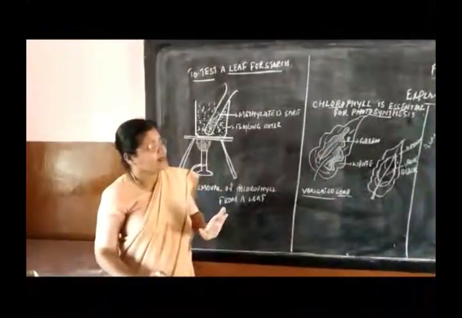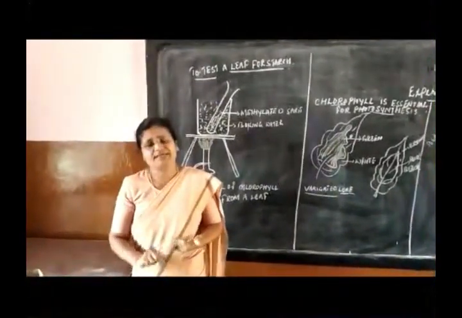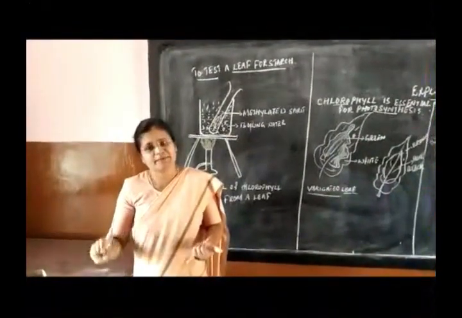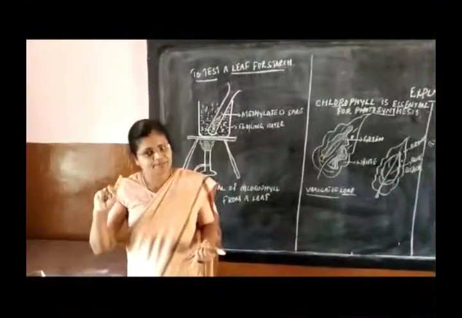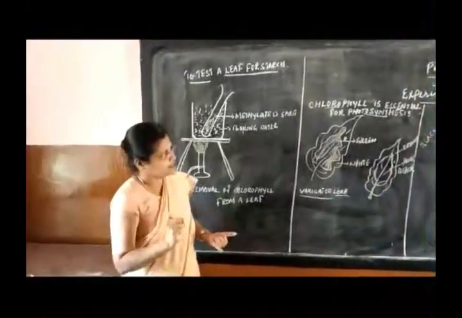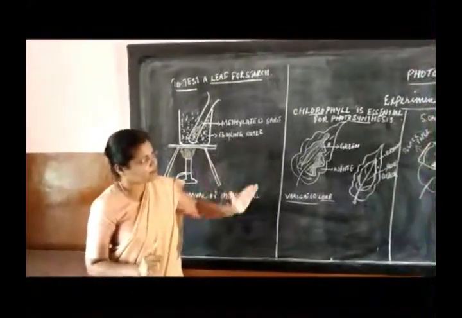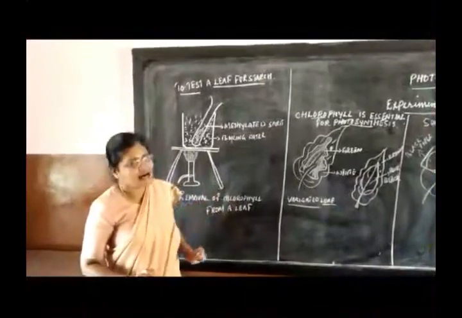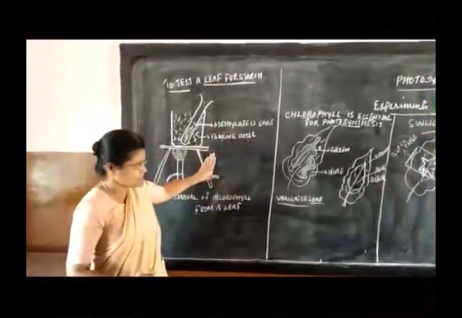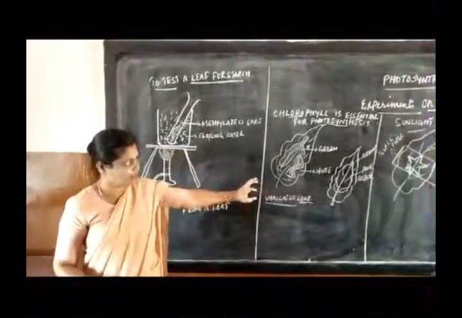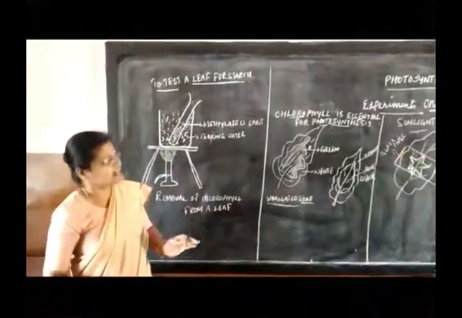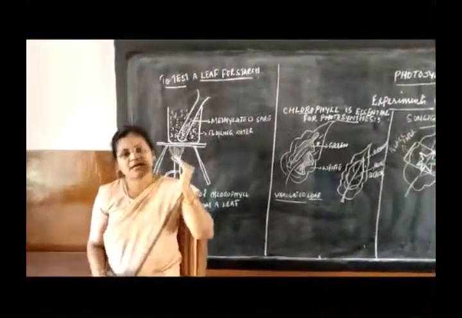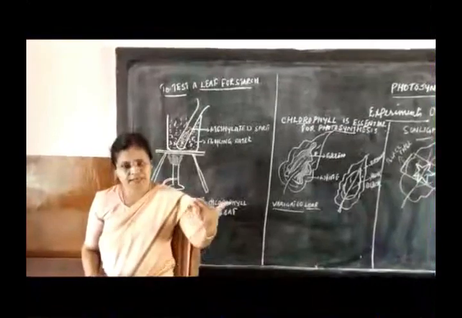Second, they'll ask you to give the reason why you have to de-starch the plant before performing any experiment on photosynthesis. I mentioned in the first class, we de-starch before any experiment on photosynthesis because when you go for the starch test, if the leaf contains starch, it has to be proved that the starch is synthesized only during the experiment, and that there was no starch present before the beginning of the experiment.